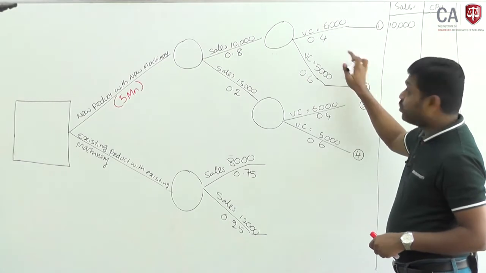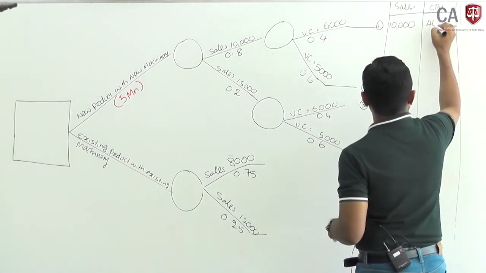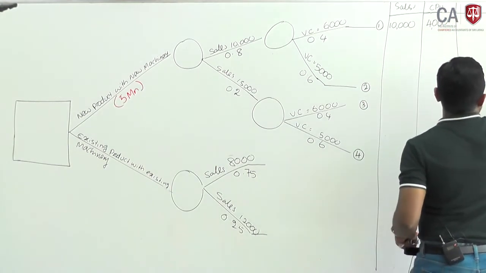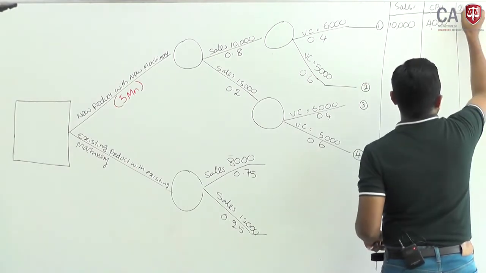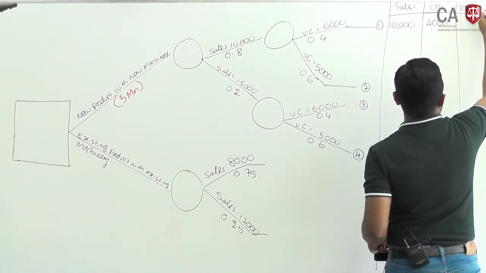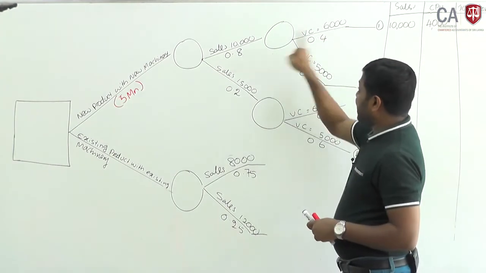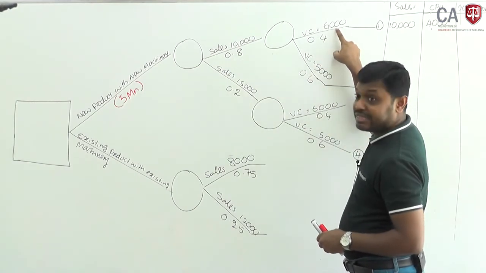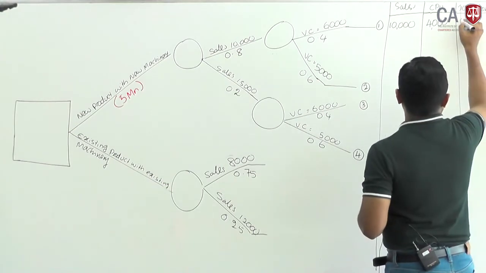They say 80% chance sales will be 10,000, and 40% chance variable cost will be 6,000. 80% into 40%, 0.32.